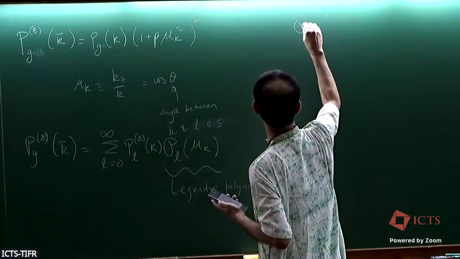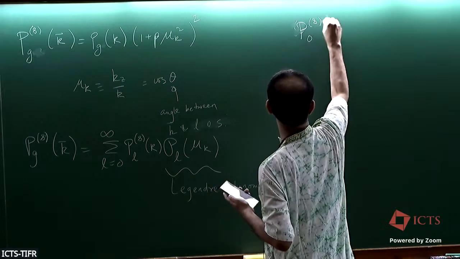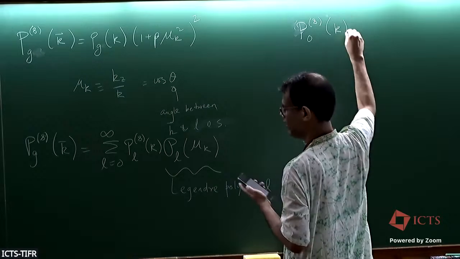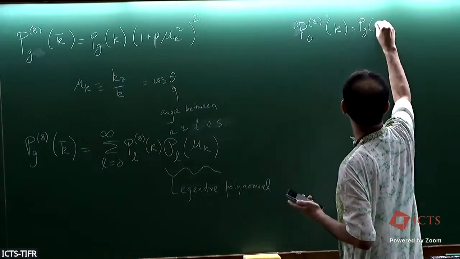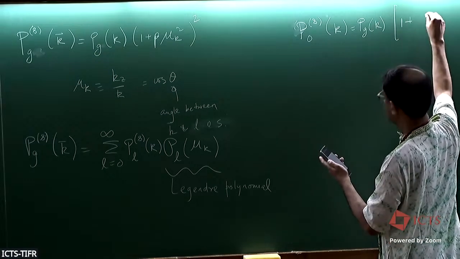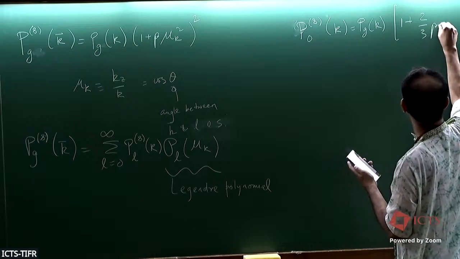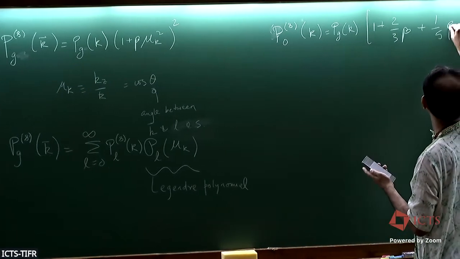For example, P0 S of k will be the underlying P of k times 1 plus 2 by 3 beta plus 1 by 5 beta square.